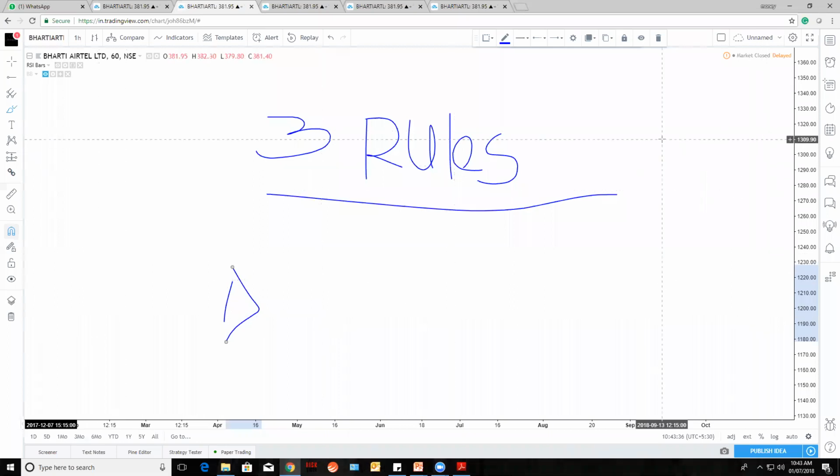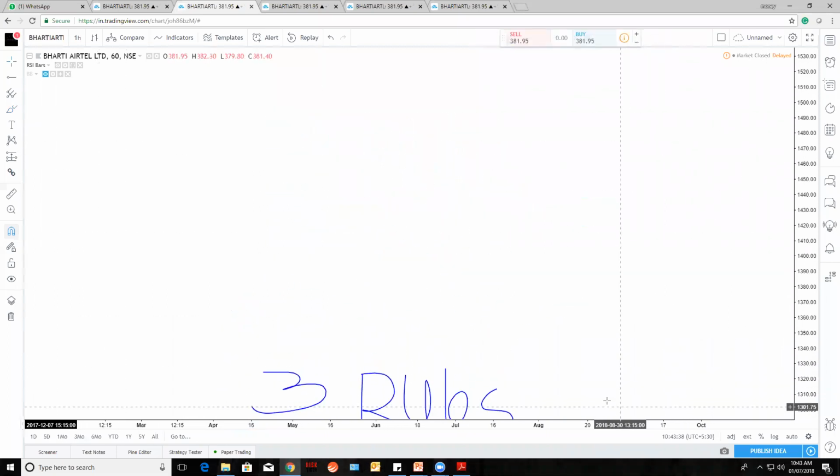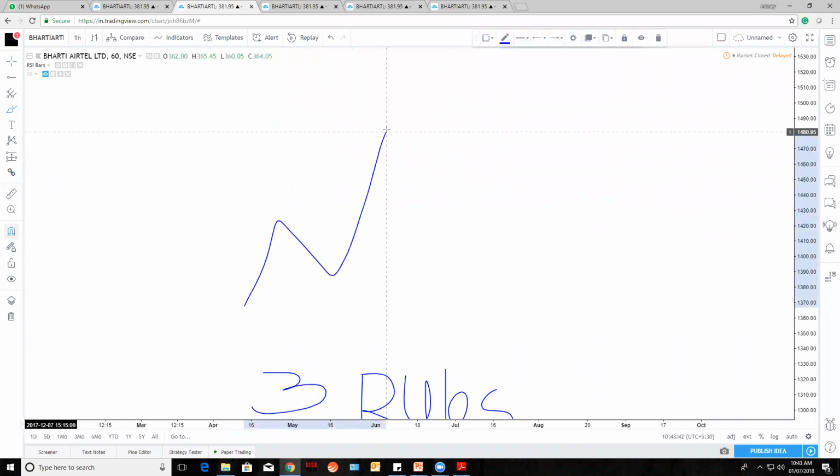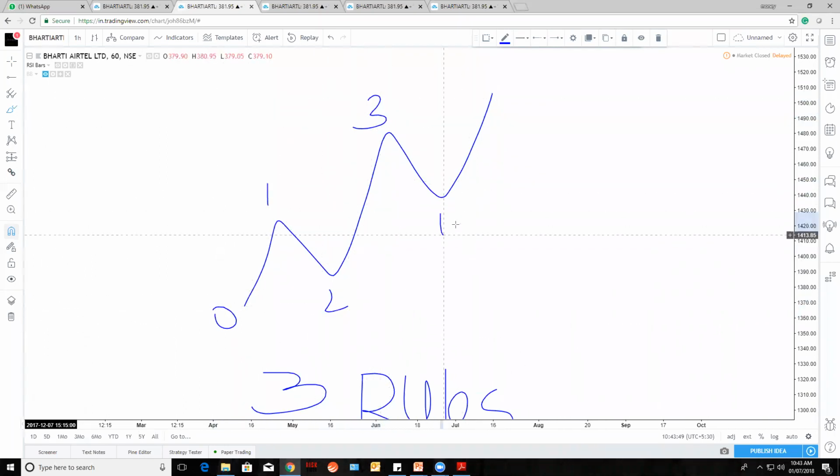Yesterday I told you what wave one, wave two and wave three are. I'll go through quickly. If this is a move from 0 to 1, this is 2, this is 3, this is 4, and this is 5. This is your wave 1, wave 2, wave 3, wave 4, and wave 5.